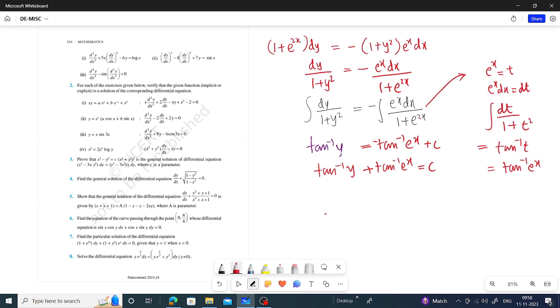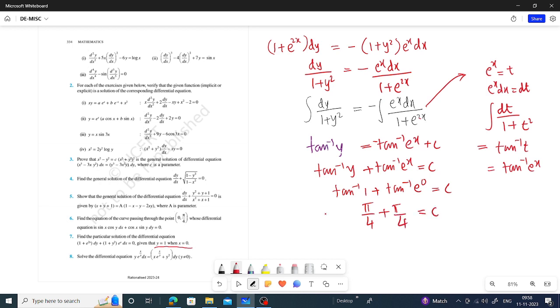Okay, now this is the solution, and we put x equal to 0. What is given? X is equal to 0 and y is equal to 1. Tan inverse 1 plus tan inverse e raised to 0 is equal to c. Tan inverse 1 is equal to pi by 4, plus pi by 4, since tan inverse e raised to 0 is also tan inverse 1.